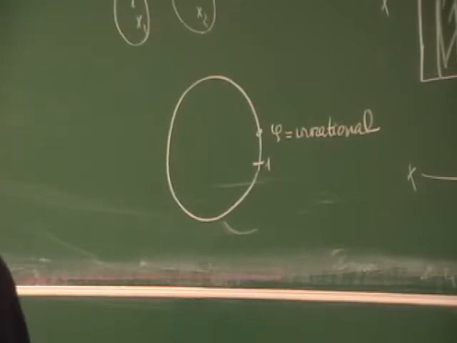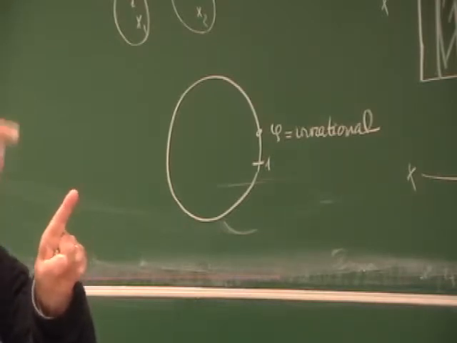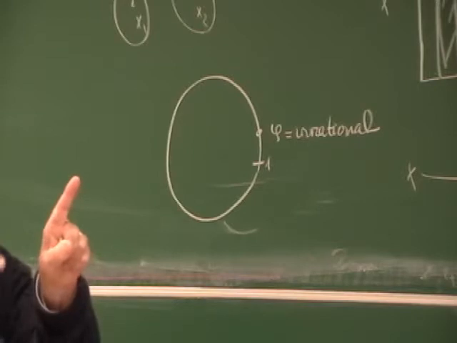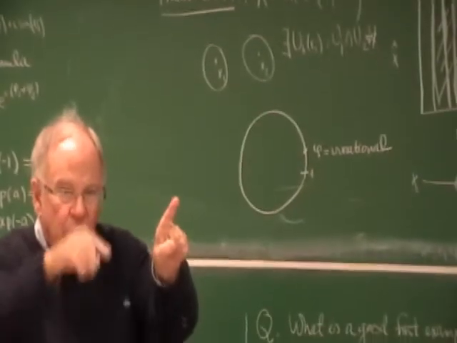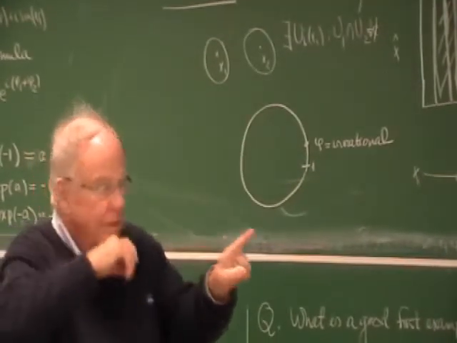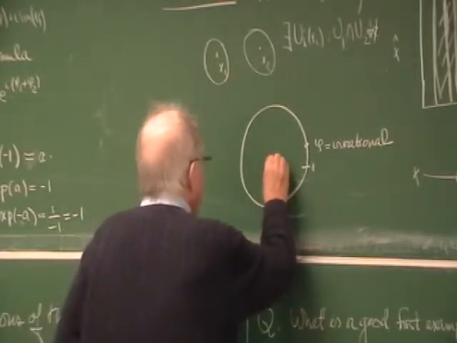Irrational multiple of 2 pi. If you have a rational multiple of 2 pi, if you add it up and add it up and add it up, you're eventually going to get back to 1, because it's n divided by m times 2 pi. But let's suppose it's an irrational multiple of 2 pi, and you know what happens, I hope.